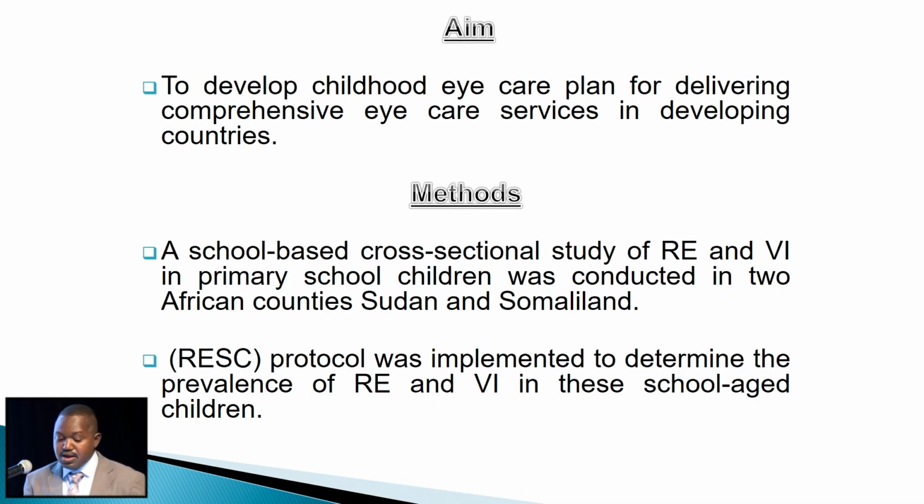Our aim in this lecture is to develop a child eye care plan for delivering comprehensive eye care service in developing countries. In this study, we use samples from 2 developing countries, Sudan and Somaliland. The sample is of school-age children, between 6 and 15 years.